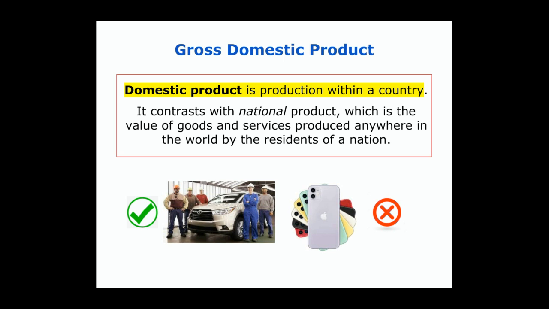So, based on this definition, we're looking at domestic production. It creates a few interesting anomalies. But the GDP measures production that happens within the country.